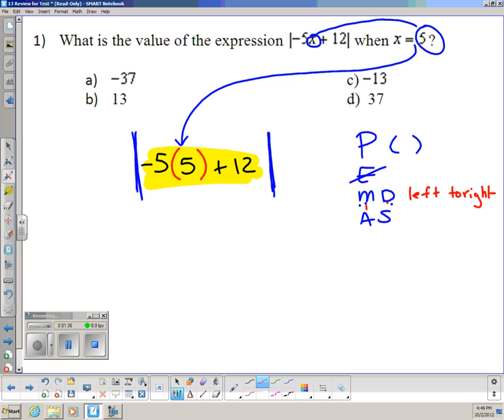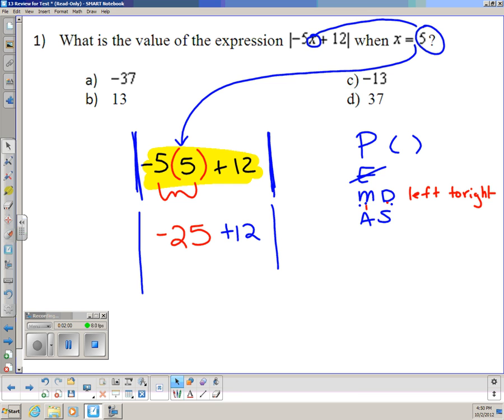And lo and behold, I have negative 5 times 5, which is negative 25. And I will write everything else as I still see it. So I will bring down the absolute value bars. I will bring down the 12. So we have the absolute value of negative 25 plus 12.